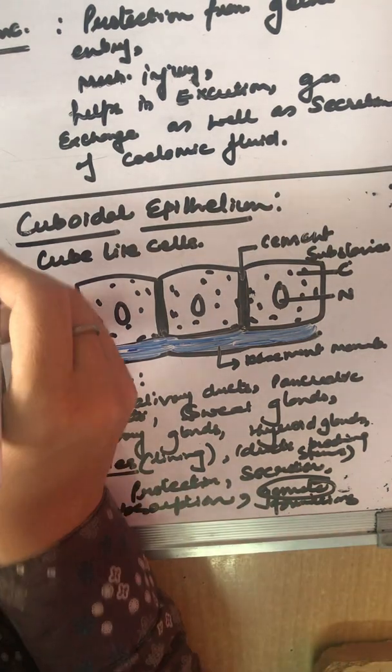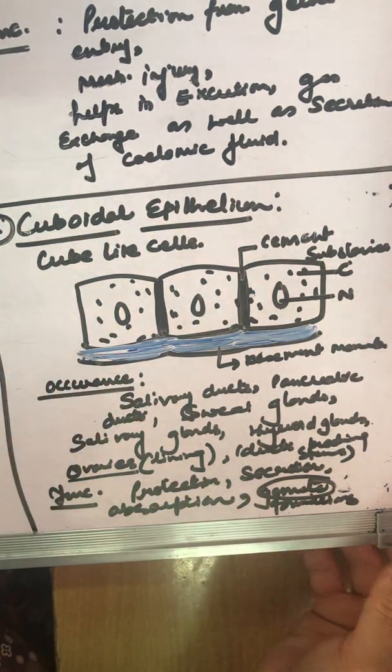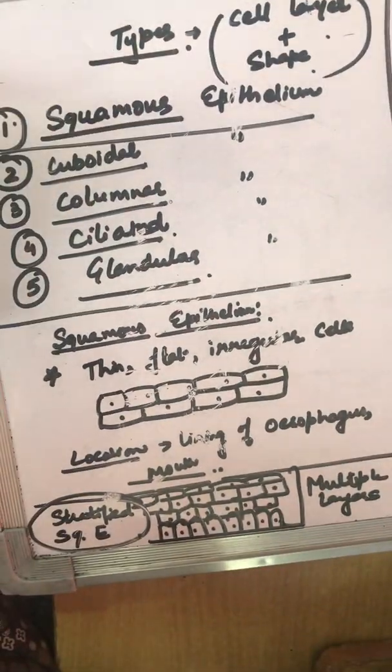Moving to the third type. This was the second type. Moving to the third type, that is the columnar epithelium. When we say columnar epithelium, as the name suggests, cells are column-like. That means long, tall, pillar-like.